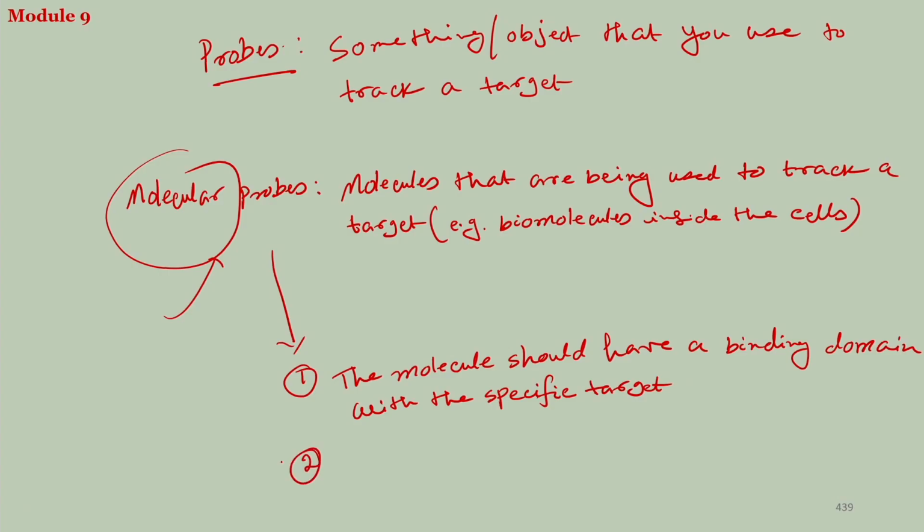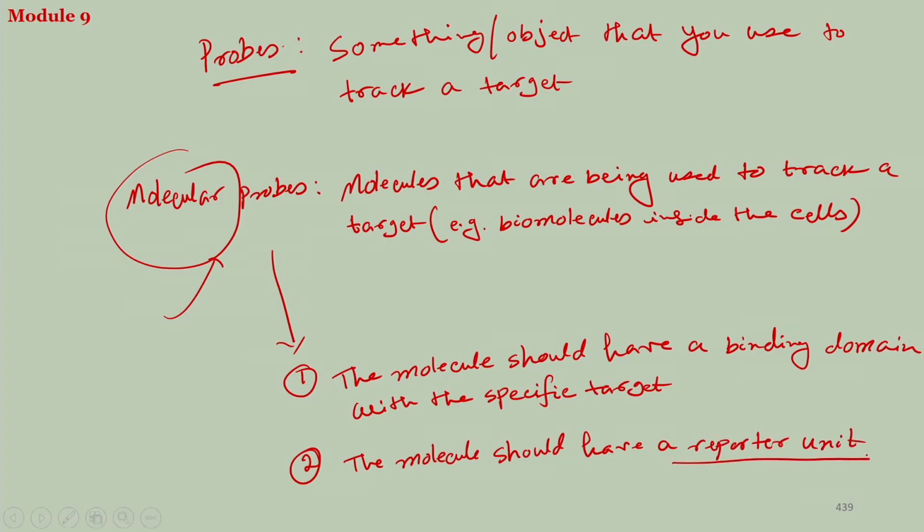Number two, the molecule should have a reporter unit. Reporter unit means something that will tell you that I have reached there and this is what is happening. Whatever is happening, you should be able to see it. So, that is called the reporter unit.